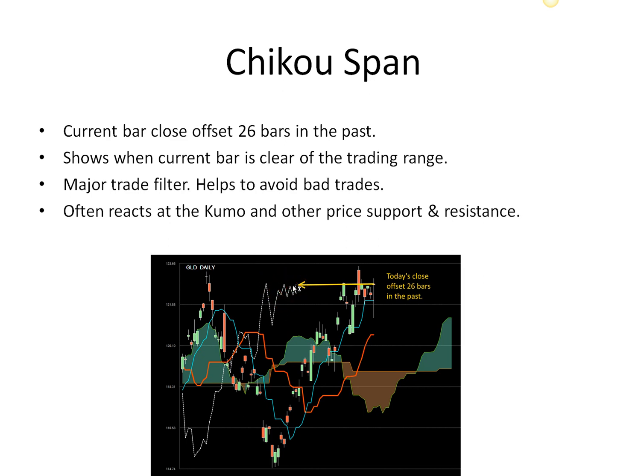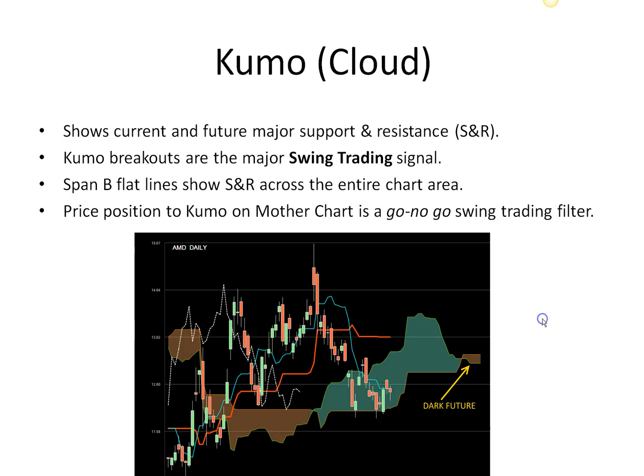The Chikou Span is a major trade filter, and it's going to help us avoid bad trades. And another feature of the Chikou Span that we can use for our analysis and trading is it often reacts at the Kumo and other price support and resistance levels.